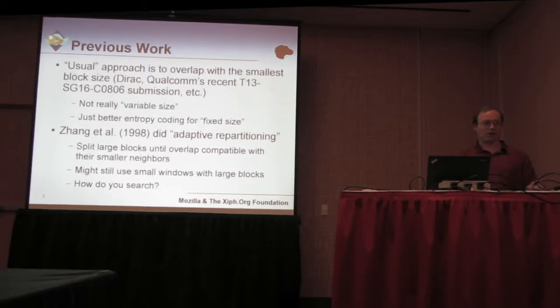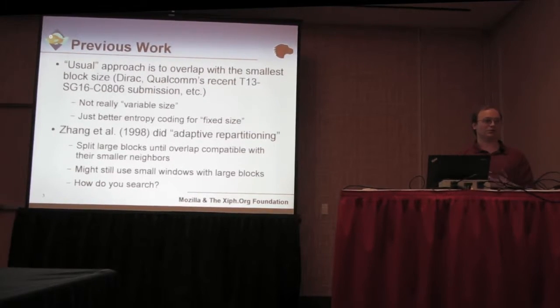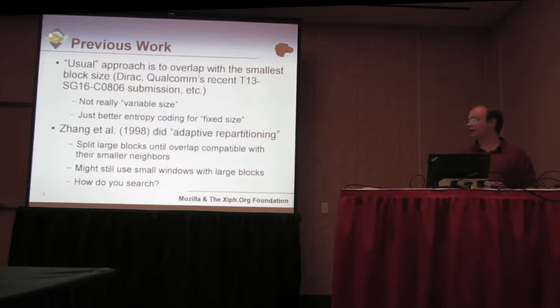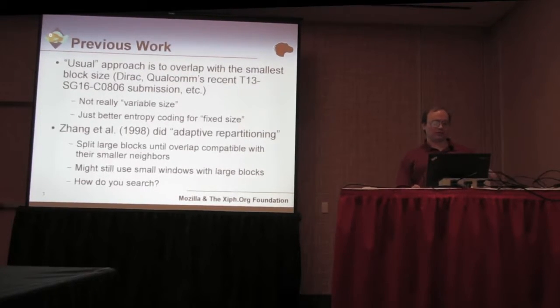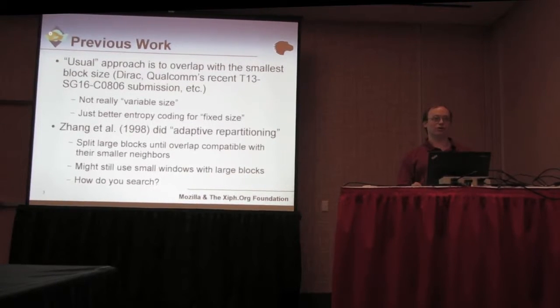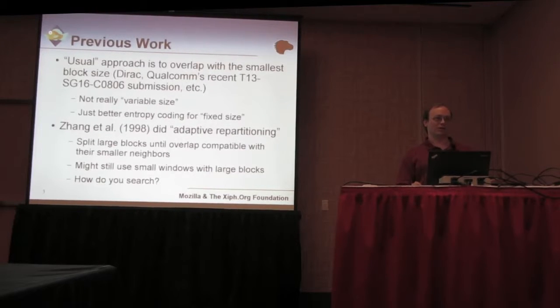If you had all large blocks, you would use all large windows, and if you had some small blocks, then some of your large block would be overlapped at large size, and some other part of it would be overlapped at a small size. But that still means that if you have large blocks, some of them might only use a small overlap, and it also didn't tell you how to actually do your search in the encoder to decide what block sizes to use.